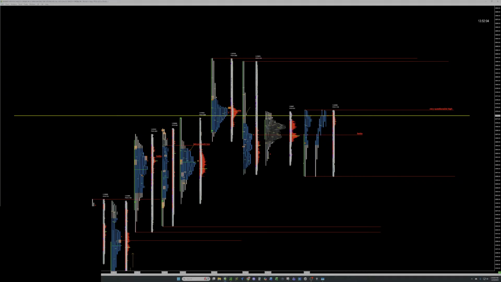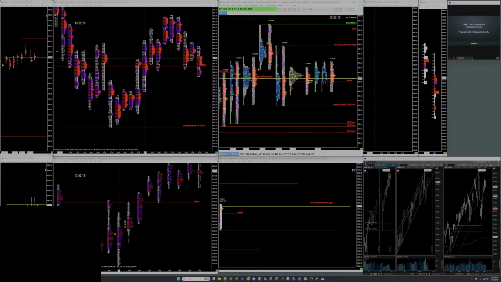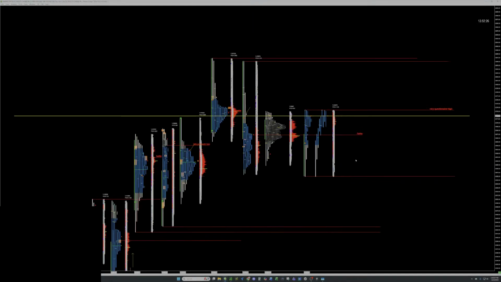Do you remember the ES making this low on Friday, exactly the setup? Remember that, because something similar is happening as we speak in Nasdaq.